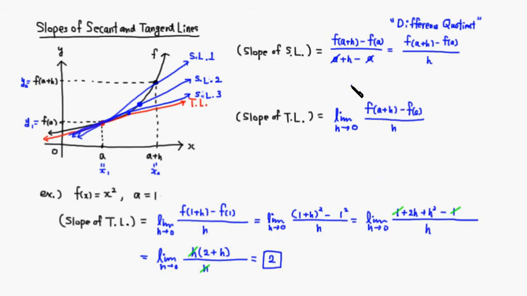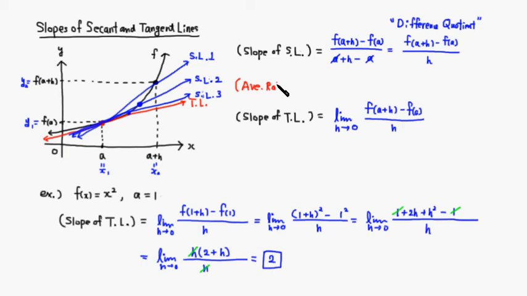There are a bunch of different ways to say slope of the secant line or slope of the tangent line. For the slope of the secant line, sometimes people call it the average rate of change.